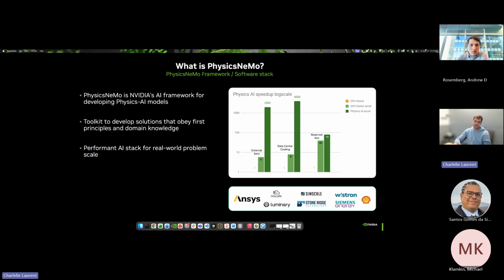So this is some performance measurement on different engineering problems. We have three engineering problems. The first one is external aerodynamics, I think the RANS simulation of a car. The second one is data center cooling, which is also a CFD simulation of an entire data center, and the quantity of interest is the temperature field.